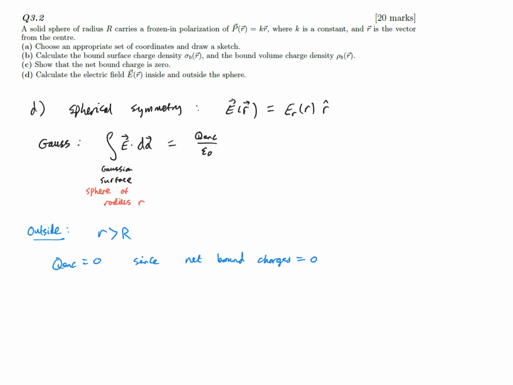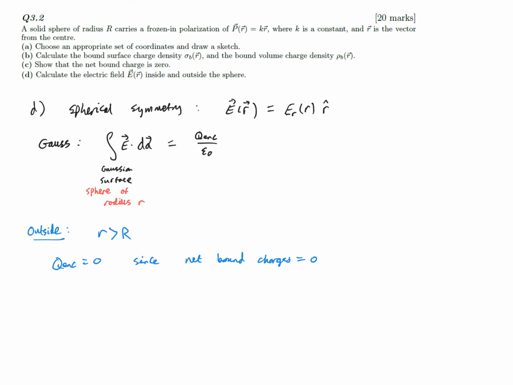And that's always the case. It's a general property. If we have a dielectric material, which was originally charge neutral, then any kind of polarization in that material doesn't change the amount of charge. The net bound charge is equal to 0. And so if we add up all of that, the total charge is equal to 0. The enclosed charge is equal to 0 if we just have a polarization in our object and there's no free charges.